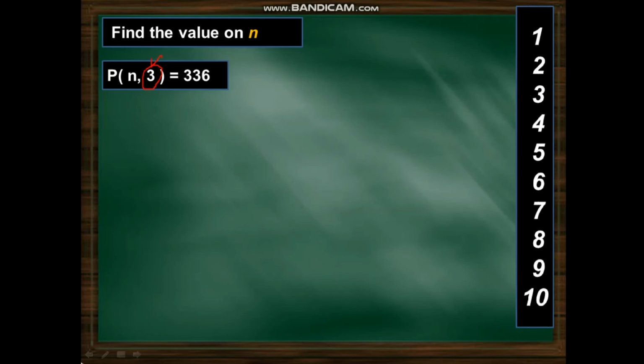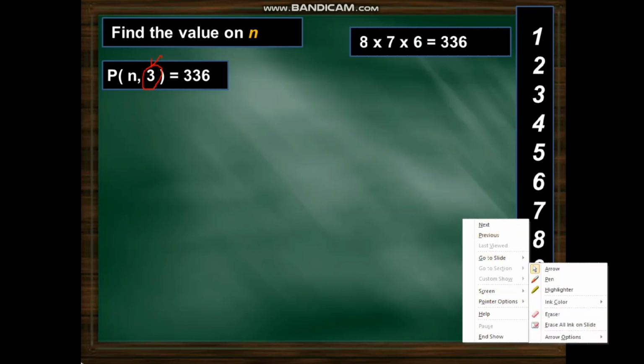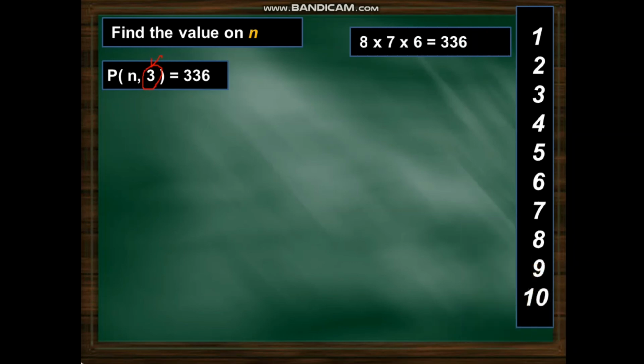So we have, tingnan natin, and that number is equivalent to 8 times 7 times 6, that is equivalent to 336. Ito po yun, 1, 2, 3.